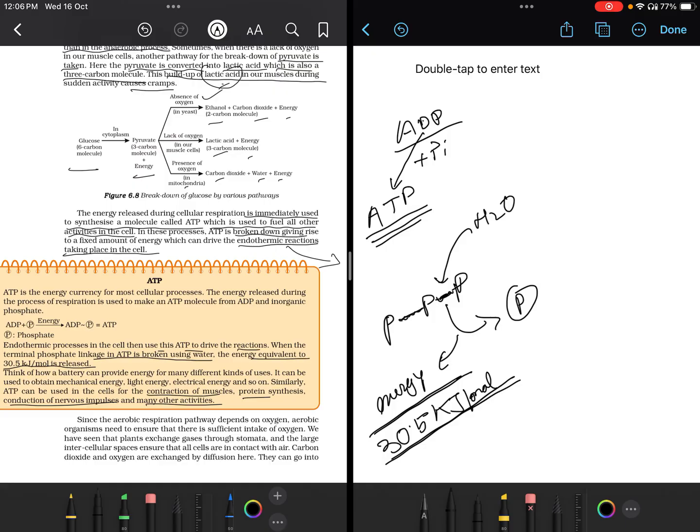Since the aerobic respiration pathways depend on oxygen, aerobic organisms need to ensure that there is sufficient intake of oxygen. We have seen the plants exchange gases through stomata and the large intercellular spaces ensure that all cells are in contact with air. Carbon dioxide and oxygen are exchanged by diffusion here.